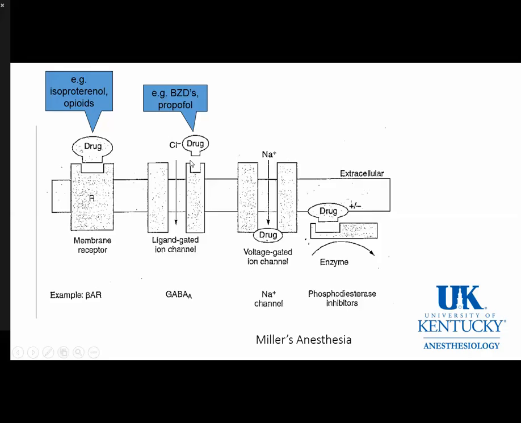This therefore allows, in this case, chloride to rush in and affect a change, a response from the drug. Probably 15%, close to a third of CNS receptors and many of the drugs that we give that act centrally work in this fashion. Two examples listed here are benzodiazepines and propofol.